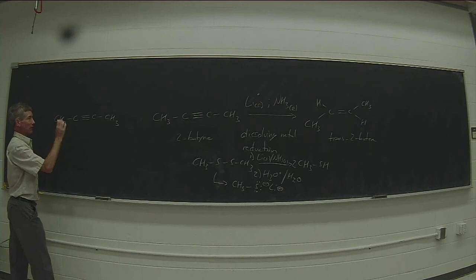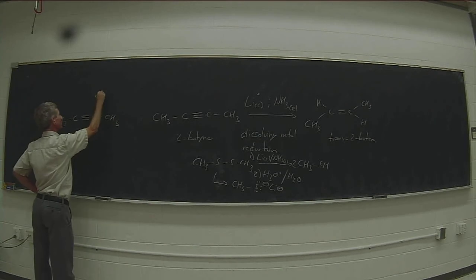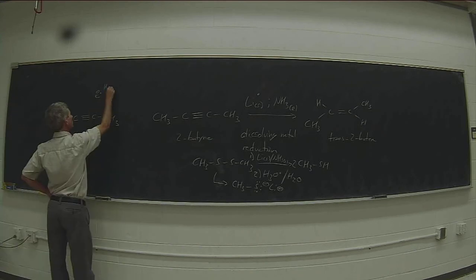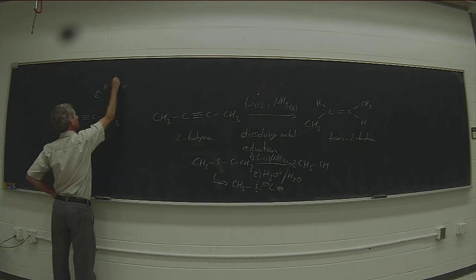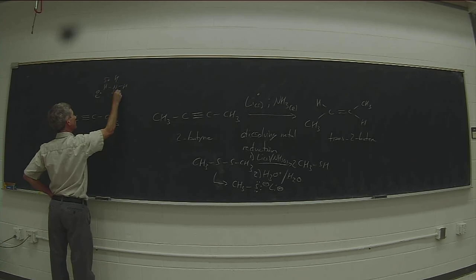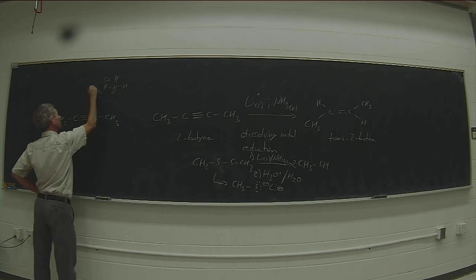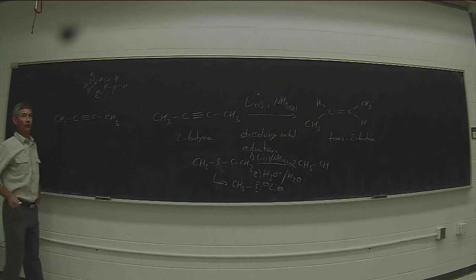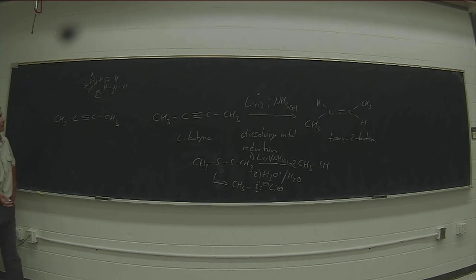We know that the dissolving metal reduction is effectively an electron floating around in solution, surrounded by the partially positive end of the ammonia, which we call the solvated electron. I'll just show two ammonia molecules there, but it is surrounded.